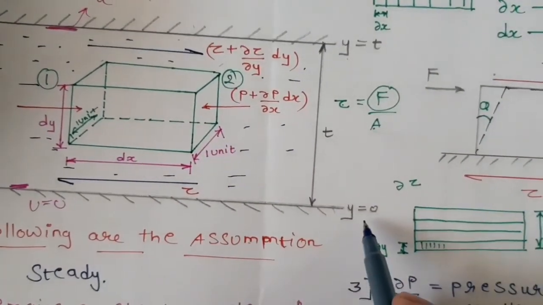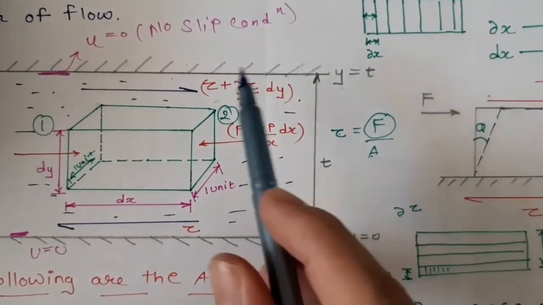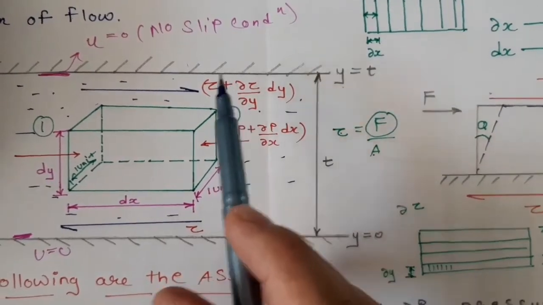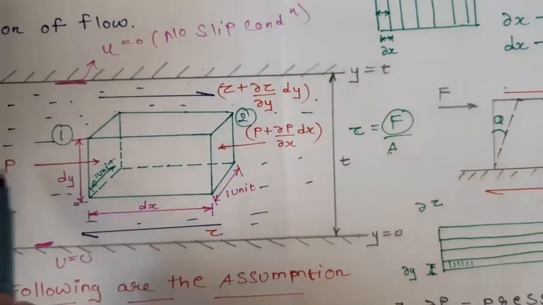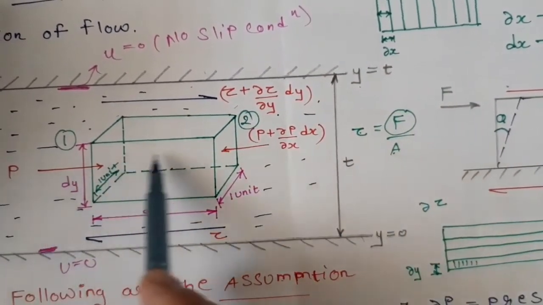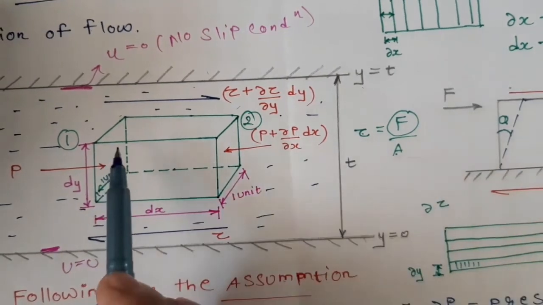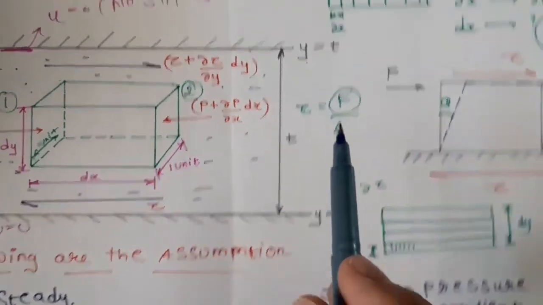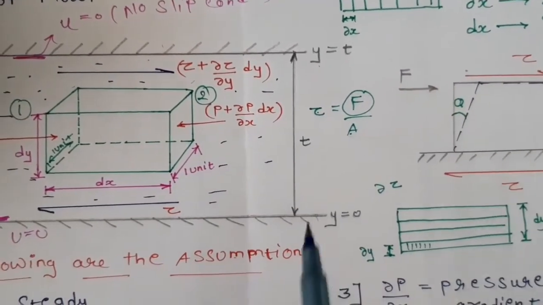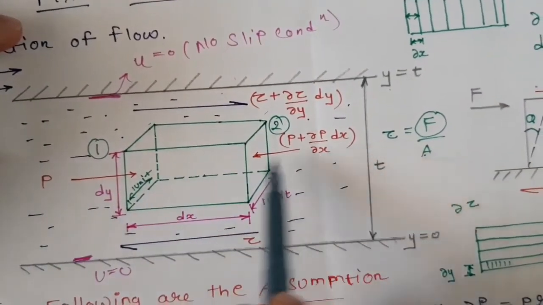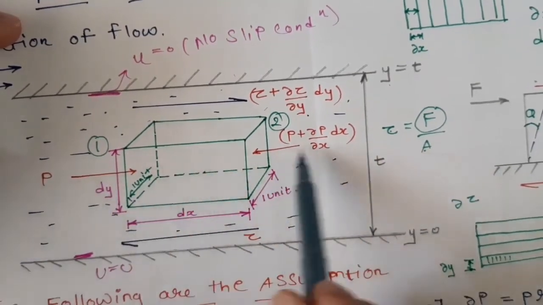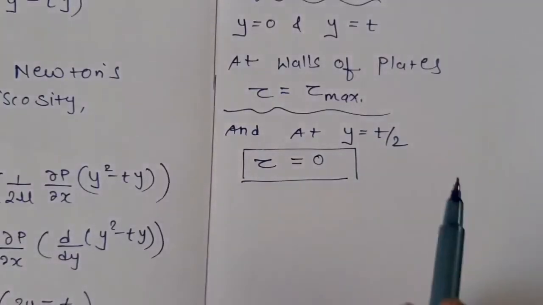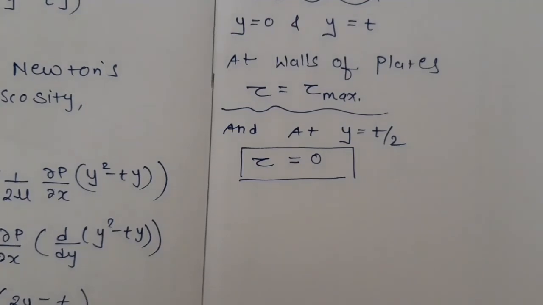At y equals 0 and y equals t, that is at the walls, the shear stress is maximum, and at the middle, that is at y equals t by 2, the shear stress is 0. So the graph of y versus tau will look like this.